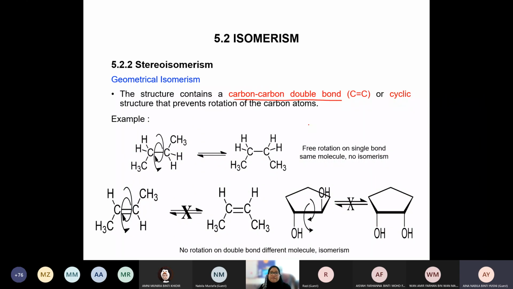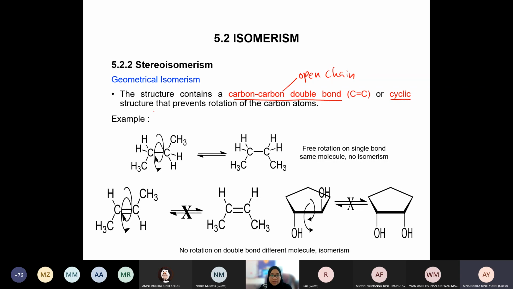This is for an open chain, meaning not cyclic, a long chain like that. Or it can also be cyclic. Cyclic can also have geometrical isomerism. Later we will see the details of it.